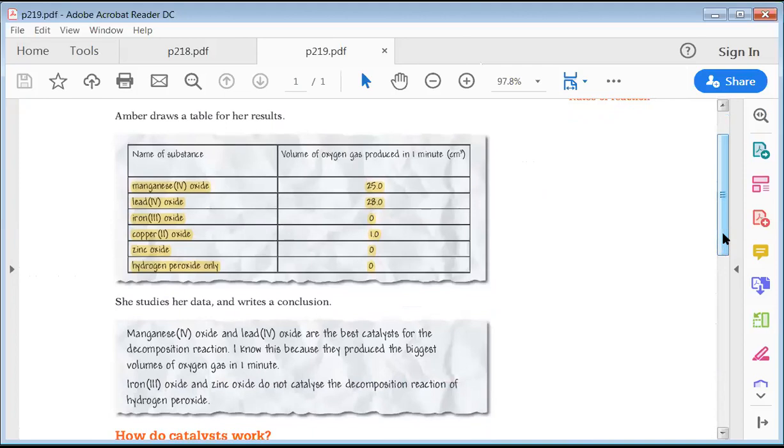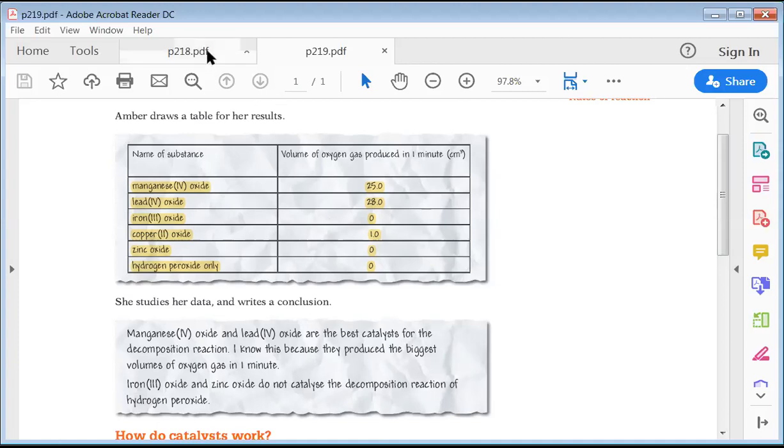So she drew a table for the results that she got. She tested many catalysts: manganese oxide, lead oxide, iron oxide, copper oxide, zinc oxide, and hydrogen peroxide only. She didn't use any catalyst here.